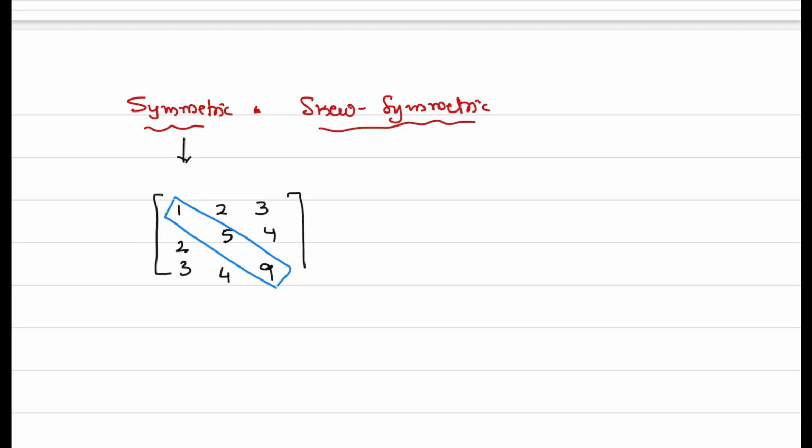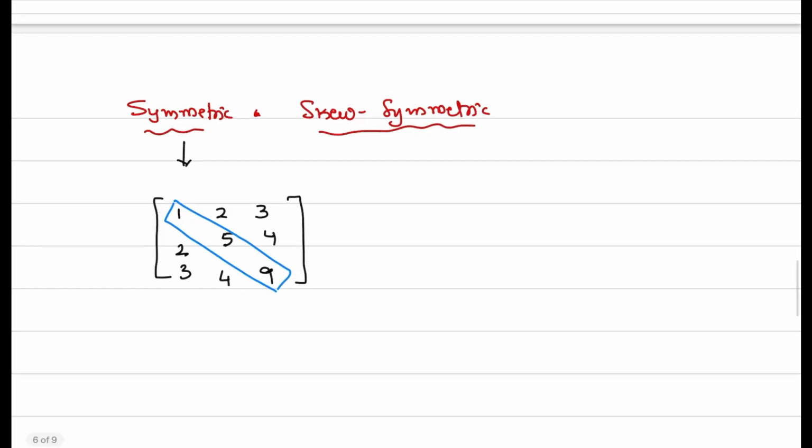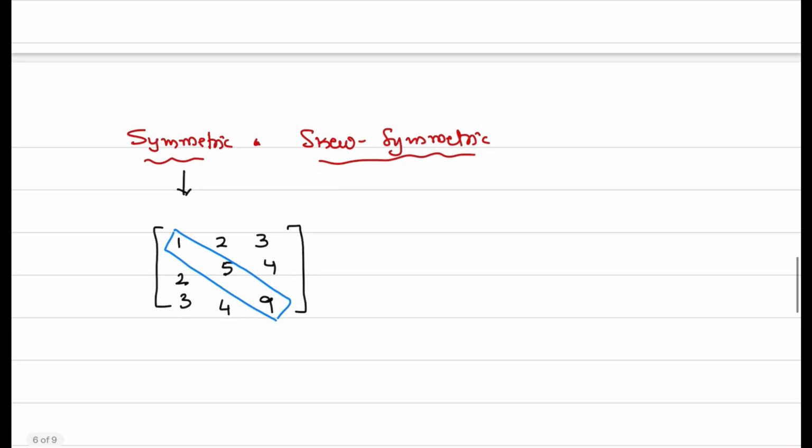You just see. The elements on the upper portion 2, 3, 4, lower portion also same. Upper triangle and lower triangle, the elements are same, and it is nothing but a mirror image of each other. Then it is called as symmetric.